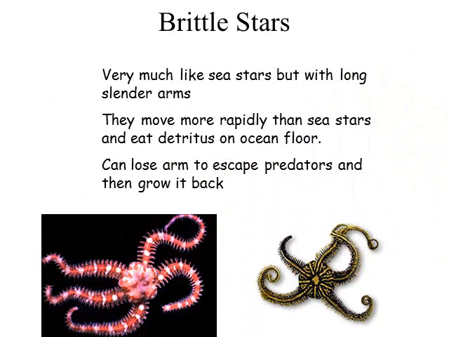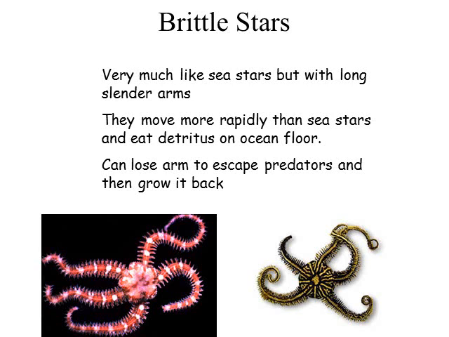Brittle stars. So brittle stars are in their own group, but they look very much like sea stars, except they have these long sort of serpent or snake-like arms. I had one of these in my saltwater tank a few years back, and they're pretty cool.